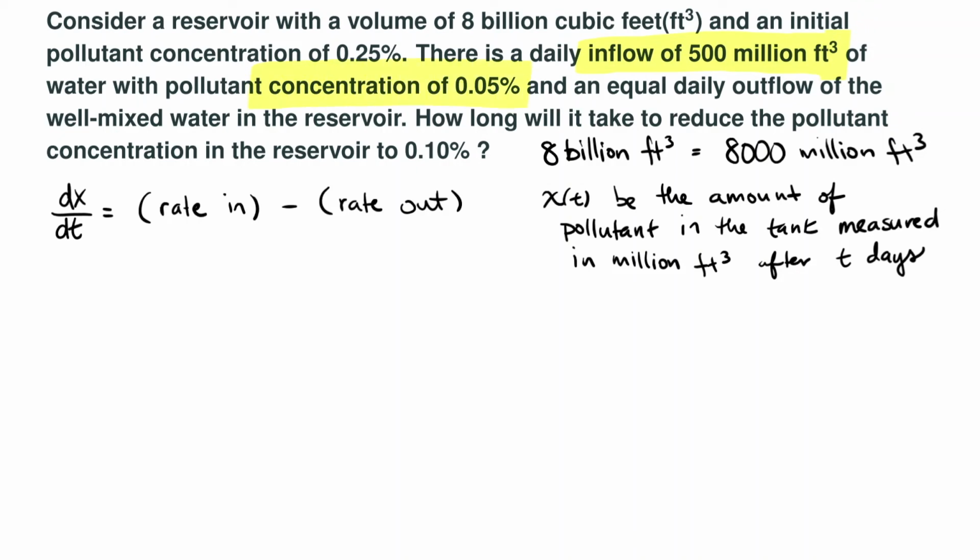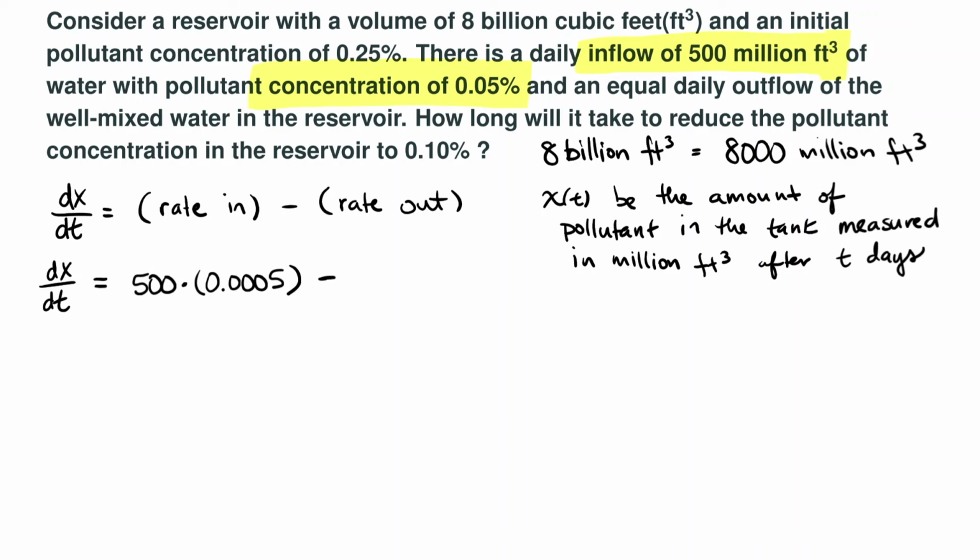So we can calculate the exact amount of water flowing into the tank, and then, based on the percentage, find the pollutant amount. We have our 500 million cubic feet, which is the entire amount of water and pollutant coming in. Only 0.05% of that is actually the pollutant. So we can multiply by turning our percentage to a decimal, moving the decimal place over twice, and multiply by 0.0005. So that's our rate in.